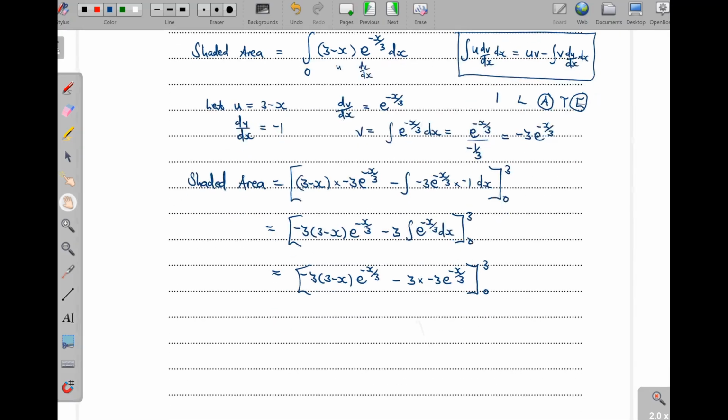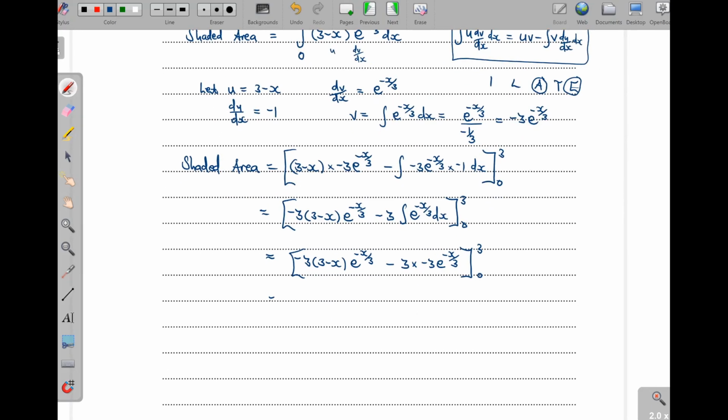Now, maybe furthermore, to simplify this, this will be negative 3, then 3 minus x, and then e to the power of negative x over 3. This one will be a 9, then e to the power of negative x over 3. Mary, if you want, you can pull out this, but it's okay.